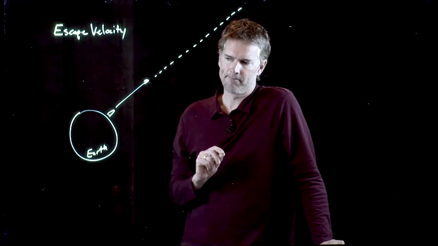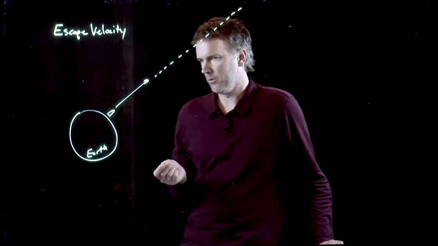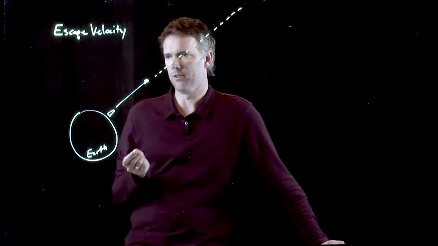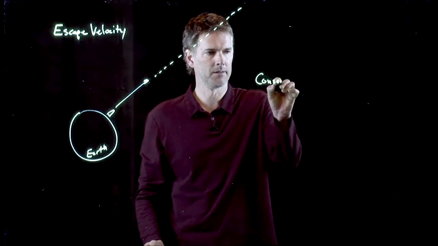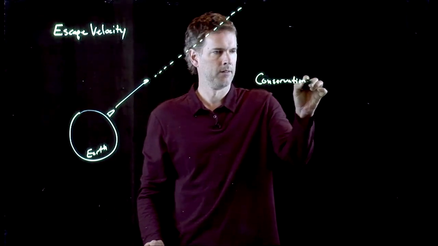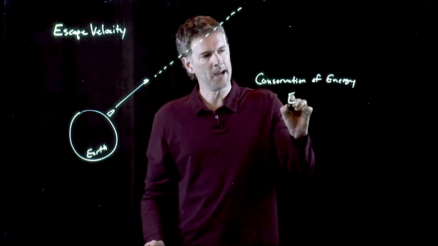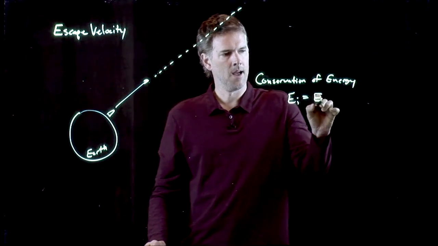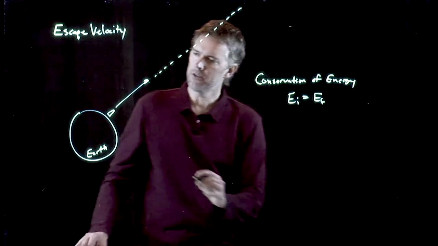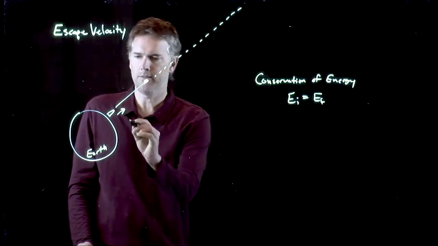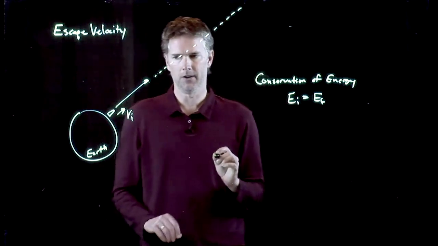Well, let's figure it out and let's attack this from the point of view of conservation of energy. Conservation of energy says the following. Whatever energy we have initially has to be there finally. When we launch this thing and it's taken off at speed VI, it certainly has kinetic energy.